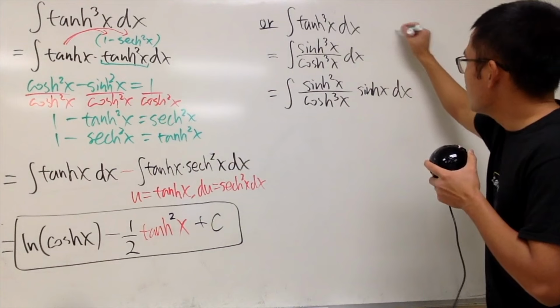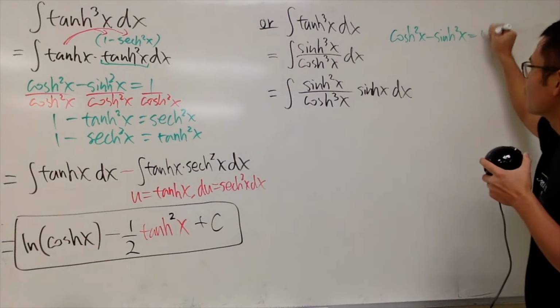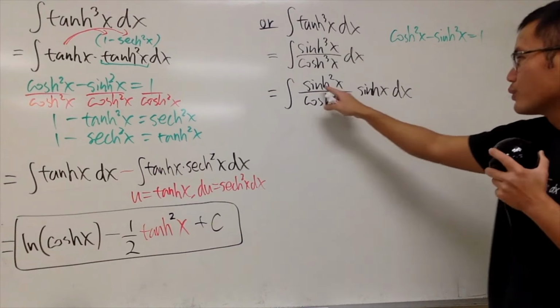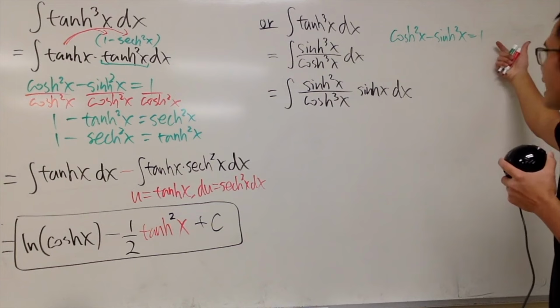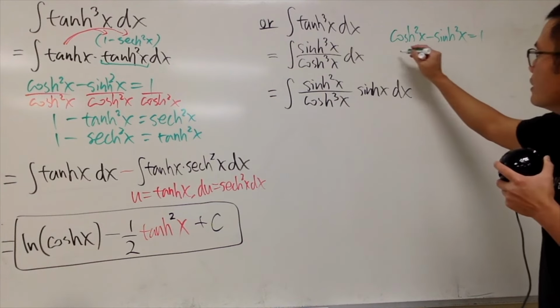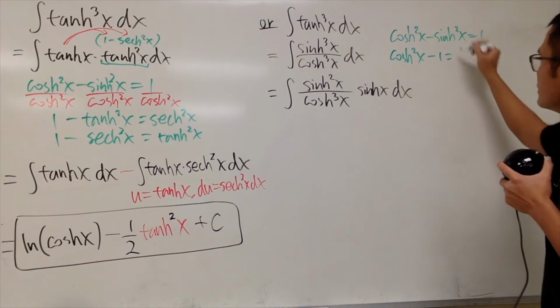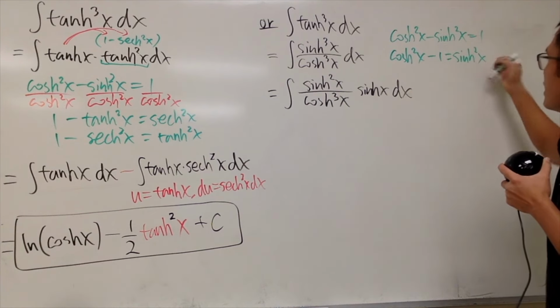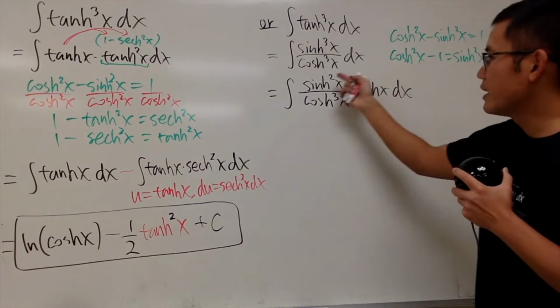Remember that cosh square x minus sinh square x is equal to 1. If you want sinh square x by itself, we can move this to the other side and move the 1 to here. So we see cosh square x minus 1 is equal to sinh square x, isn't it? So I will replace this with that.